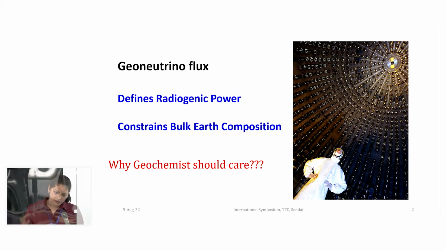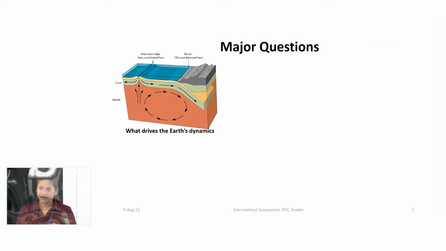And uranium and thorium being refractory elements, their elemental proportions are in fixed proportions, and that's how all other refractory elements can also be identified by knowing either uranium or thorium. So when we have a better understanding of these two aspects about the Earth, then we can really address several other major questions going on in the geosciences.